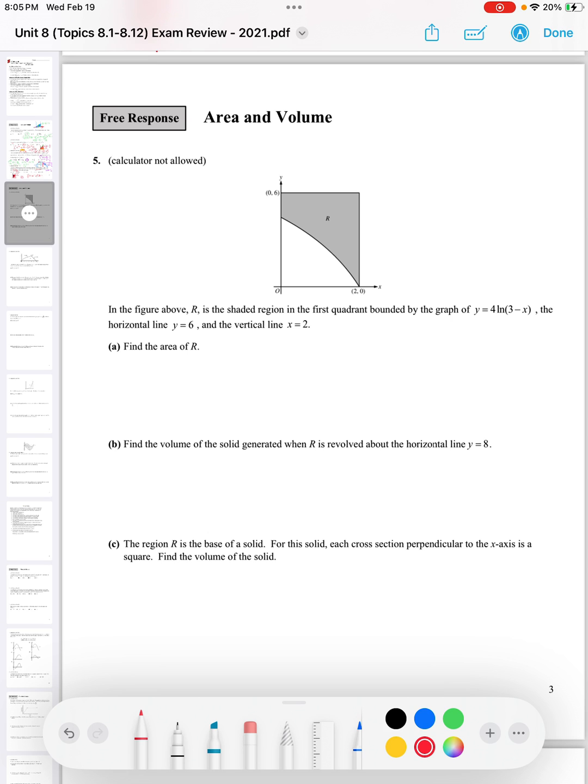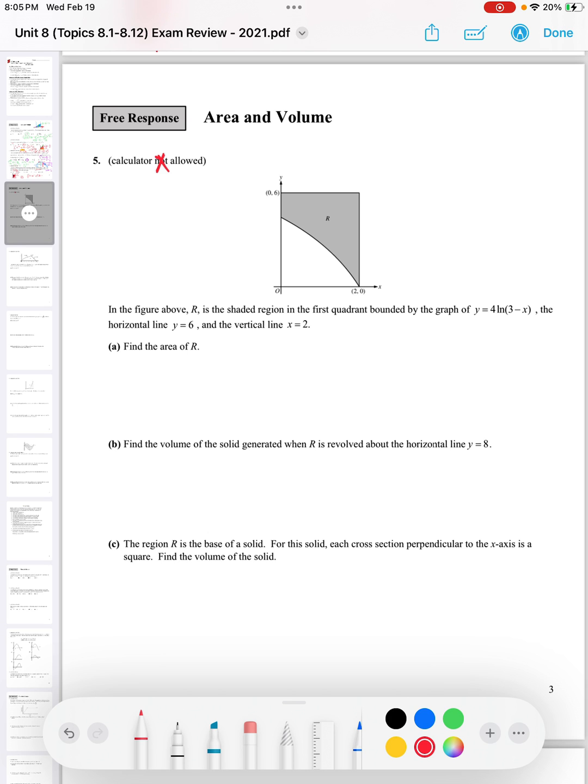All right, let's go ahead and do this free response. Now, there was a typo in here. It says calculator is not allowed, and this one, the calculator is definitely allowed. So I'm sorry for the typo, but this one you have to have your calculator to do this.